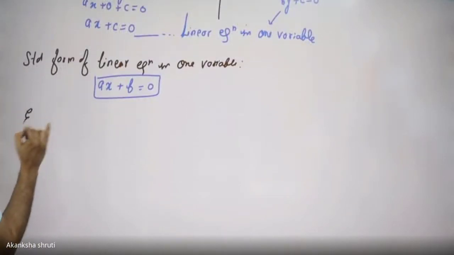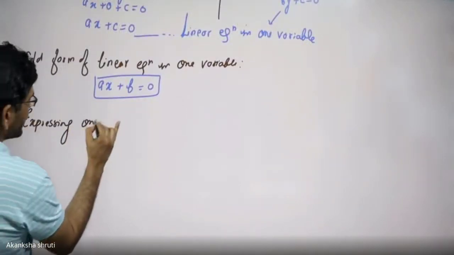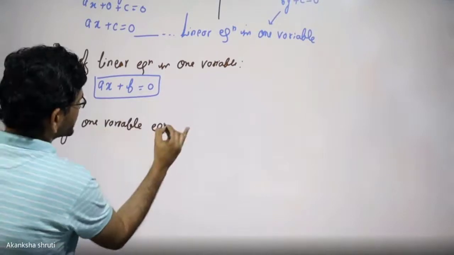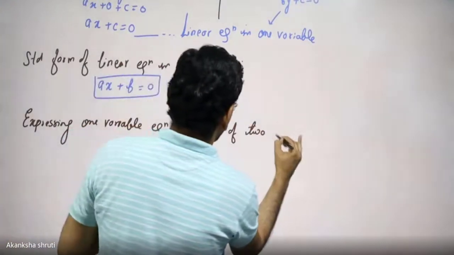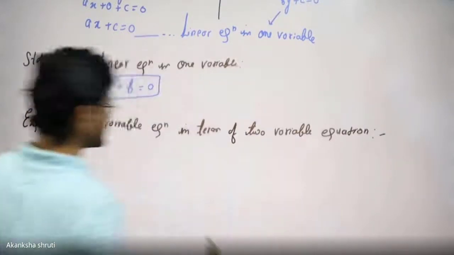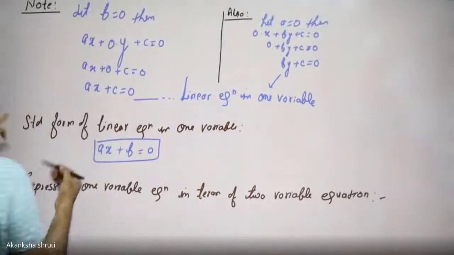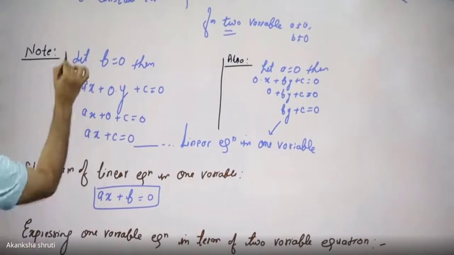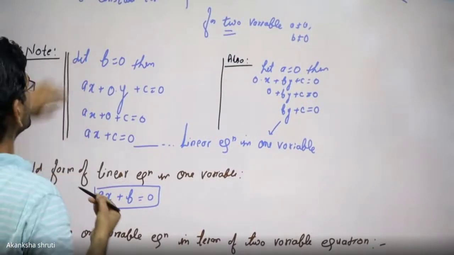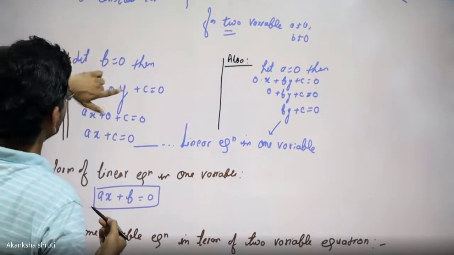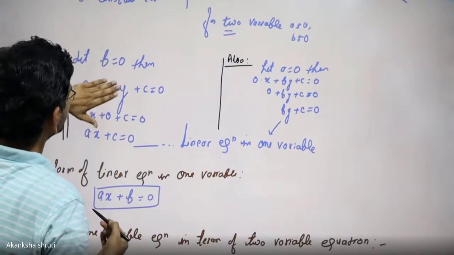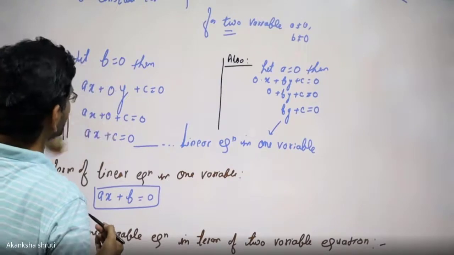Students, the next thing is expressing a one variable equation in terms of a two variable equation. For this we are using this concept only. Whatever we have learned, if the coefficient of any variable becomes 0, that variable becomes missing.